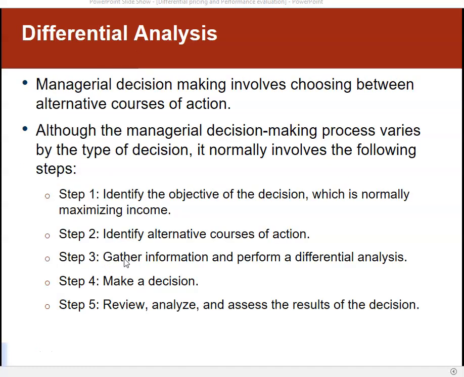So when we talk about differential analysis, your slide shows a five-step process right here. And let's just go ahead and go through these. It says identify the objective of the decision, which is normally to maximize income. That's not always the case. Well, let me back up.